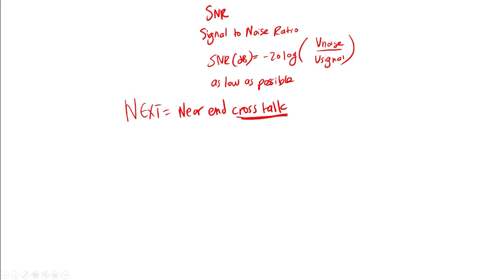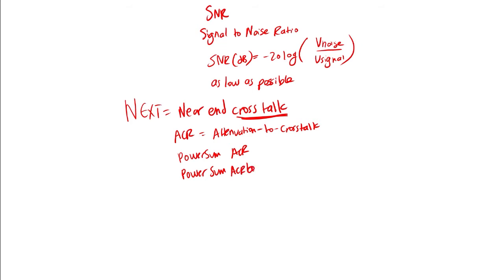She mentioned crosstalk. So if we know the crosstalk, we can calculate a bunch of other things like ACR, or attenuation to crosstalk ratio, and power sum ACR, at the near and at the far end, etc. So we have a number of other ways of measuring our performance.